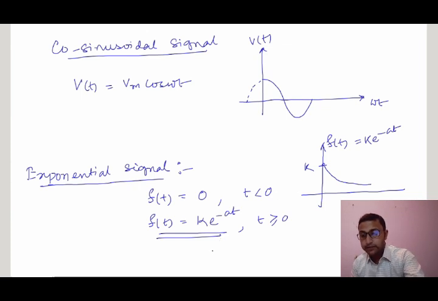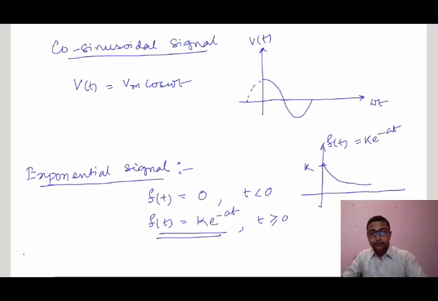And one more thing that should be mentioned here, that is a. The inverse of a, that means the reciprocal of a, is called the time constant. I am not going into the details in this lecture about the time constant because it will be discussed in a subsequent lecture.